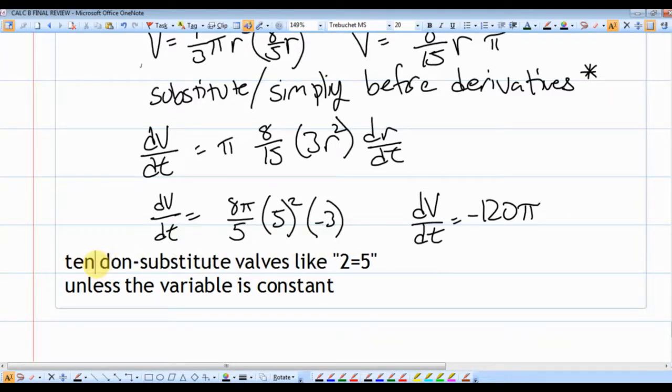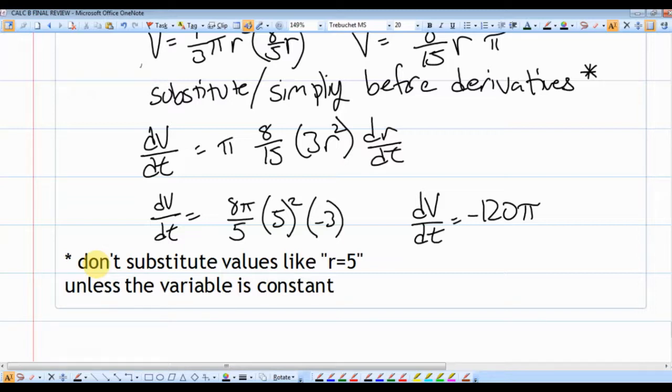Do not substitute values. Oh, you know what? This was the star. Don't substitute values, like r equals 5, unless the variable... Oh, the second sentence is good though.